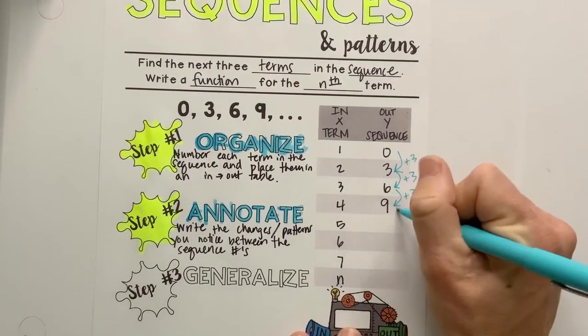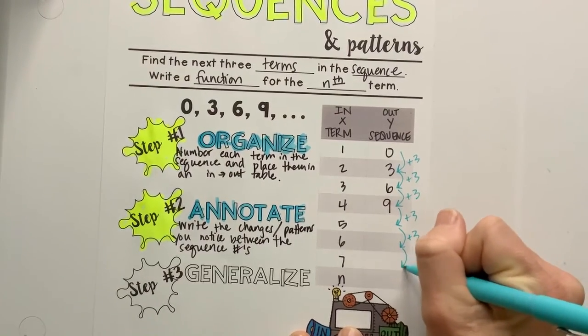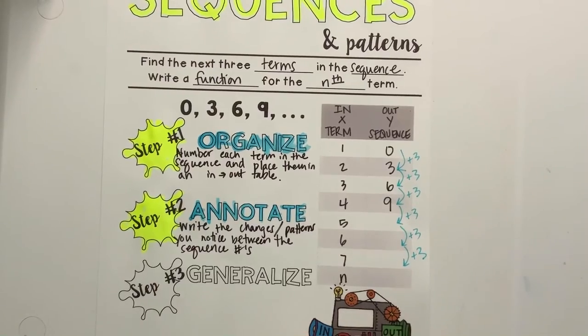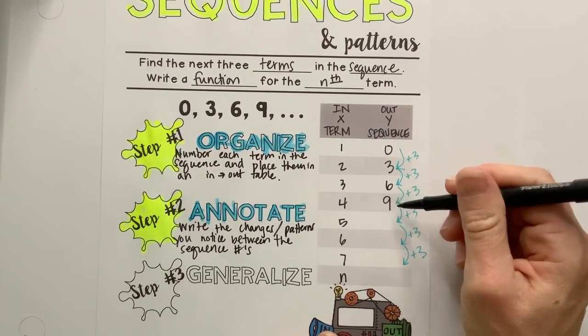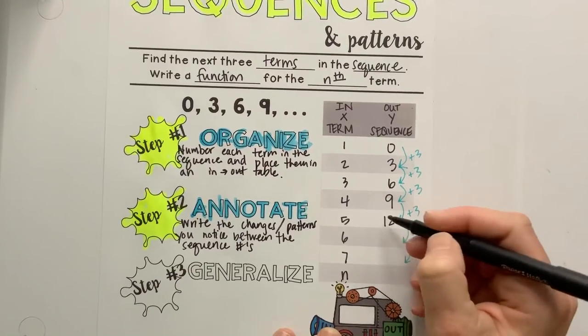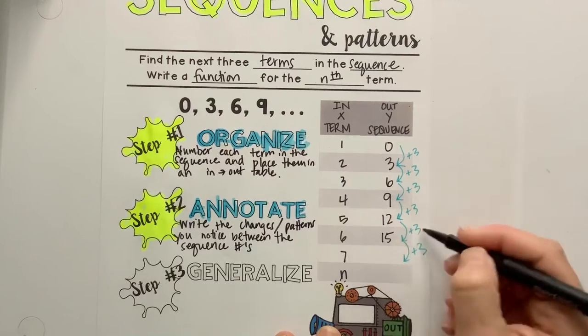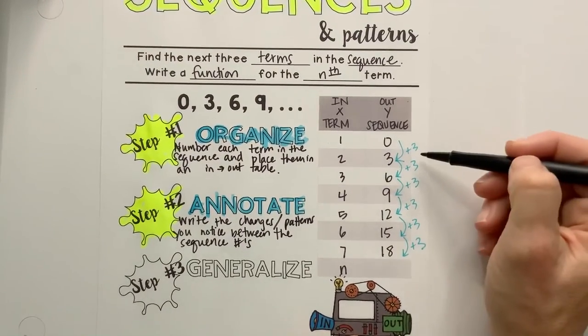So we can just continue that pattern. Plus 3, plus 3, plus 3. So if I have from 9 plus 3, I'm going to go to 12. 12 plus 3 is going to be 15. 15 plus 3 is going to be 18. So my rule is going to be plus 3.